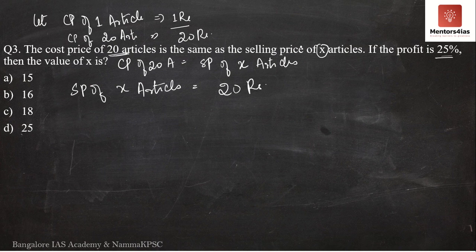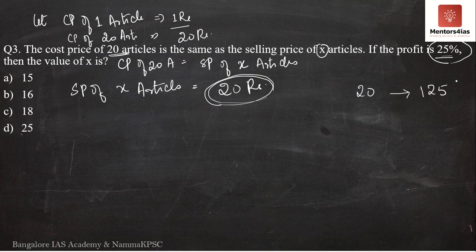By selling X number of articles at the cost price of 20 articles, we get a profit of 25%. Meaning what? This selling price, this 20 rupees, is 125%.